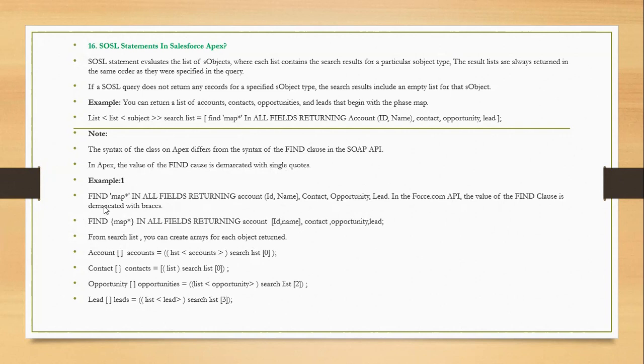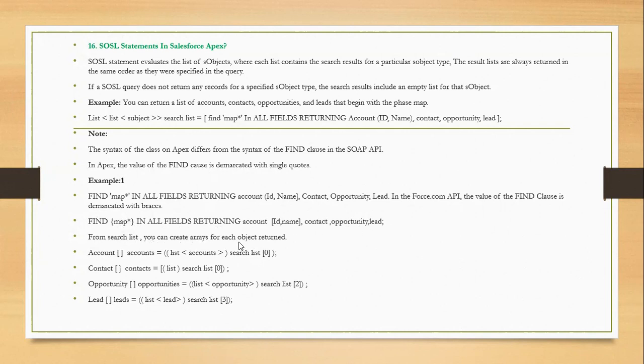Example: FIND 'map*' IN ALL FIELDS RETURNING Account(Id, Name), Contact, Opportunity, Lead. In the SOAP API, the value of the FIND clause is demarcated with braces: FIND {map*} IN ALL FIELDS RETURNING Account(Id, Name), Contact, Opportunity, Lead.